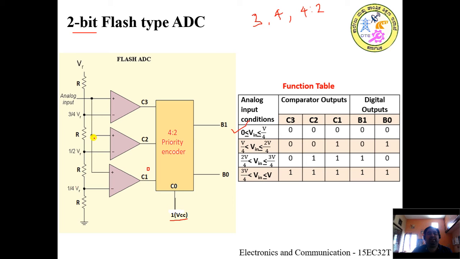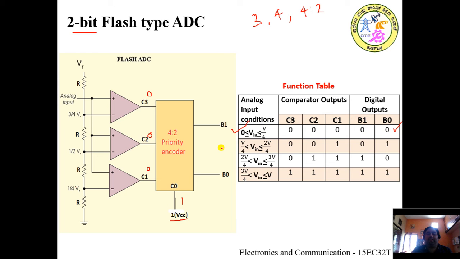Similarly, in this case, the voltage at the non-inverting input is less than the reference voltage, so obviously it also outputs logic 0. And similarly, the third comparator also outputs a logic 0. Since C0 is always connected to VCC, with the 0, 0, 0, 1 combination, the binary output would be 0, 0.